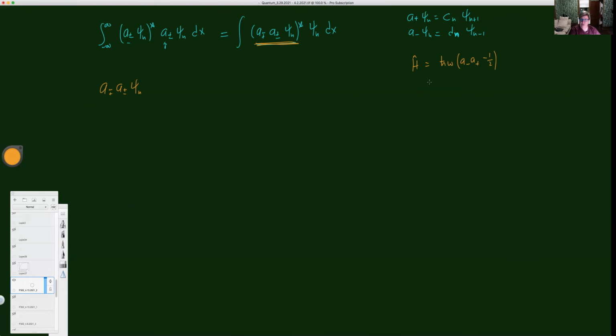Or we can also write it as h bar omega A plus A minus plus 1/2. Okay, there's two forms, whether you're doing the A plus A minus or the A minus A plus. Remember, they don't commute, right? You can easily derive, you start with one of these and derive the fact that you get a positive because these don't commute, and the commutator of A plus A minus is 1.